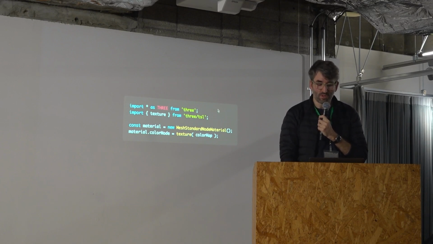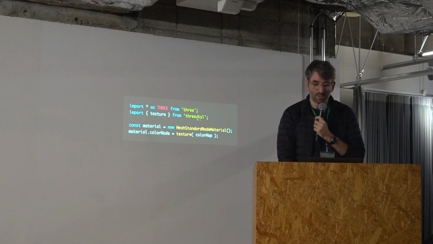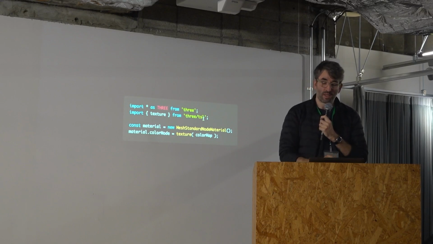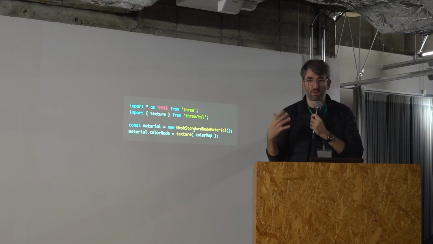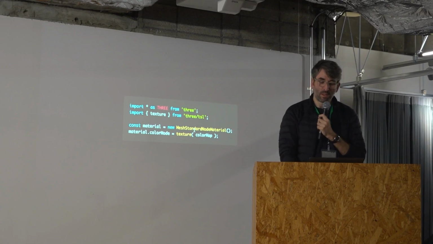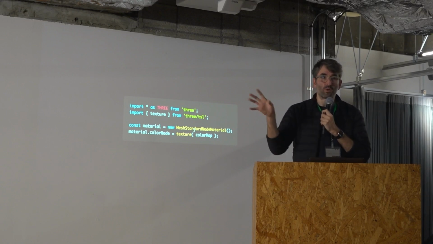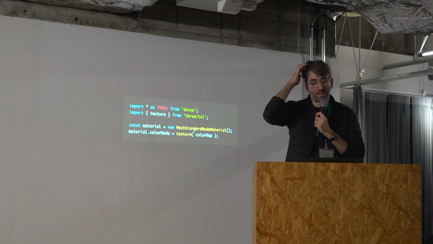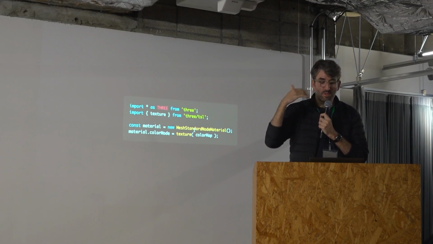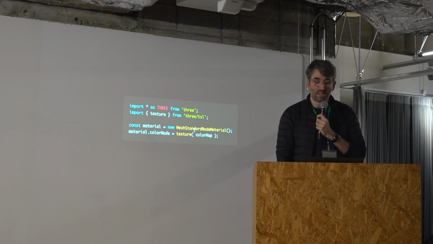With the new approach, you're importing only the things from TSL that you're actually using in the material, and mesh standard material is also going to use specific things from TSL. If you're not displaying points, for instance, on your website, or lines, or other shaders that we tend to bundle into the renderer, now we finally will be able to tree shake all that, and it's going to be much smaller builds.